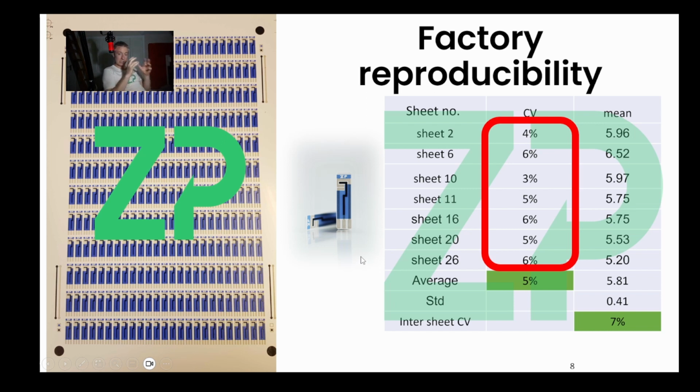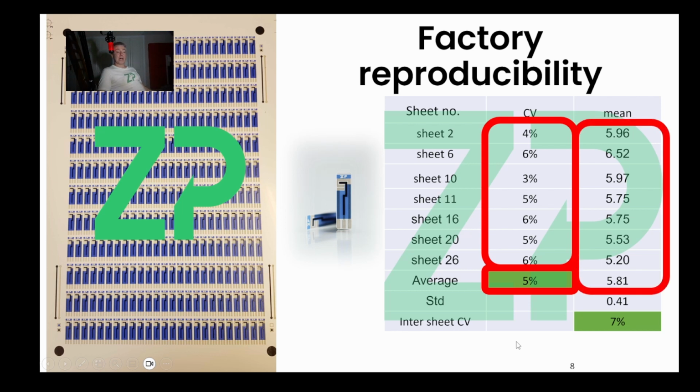So we're keeping an eye on making sure these electrodes are reproducible enough that we can benefit from them. And by the way, we also make them available to the academic community and also the development community. And then we check the average standard deviation, the average coefficient of variation. And we also check the sheets relative to one another. So we do an intra check and an inter check, and make sure that the entire batch is reproducible.